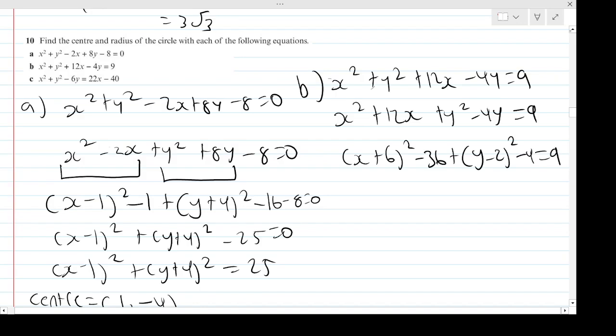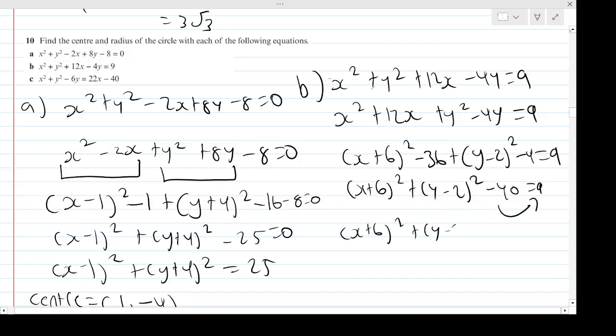Okay, then we can collect the numbers. So we have (x + 6)² + (y - 2)², then minus 36 minus 4 is minus 40, equals 9. Then we can move that number to the other side, if you add 40, to get (x + 6)² + (y - 2)² = 49.